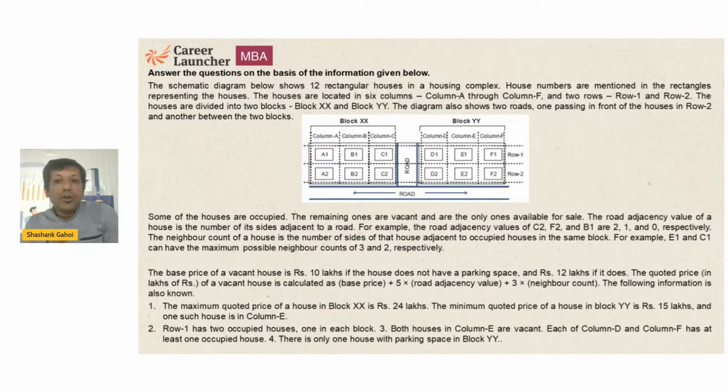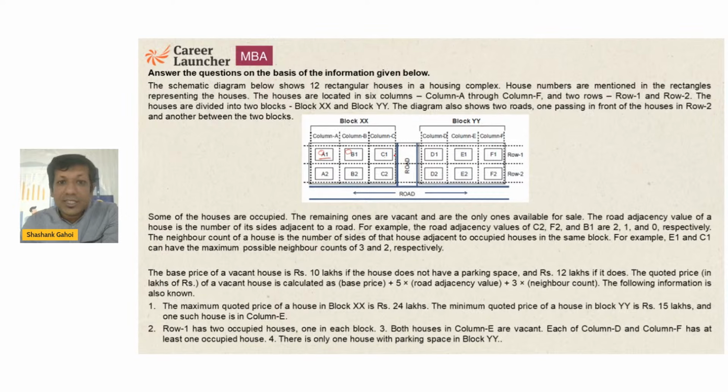Now it says that the road adjacency value of a house is the number of sides adjacent to a road. If I look at house A1, it is not adjacent to any road, so road adjacency is 0. B1 is not adjacent to any road, so it is 0.